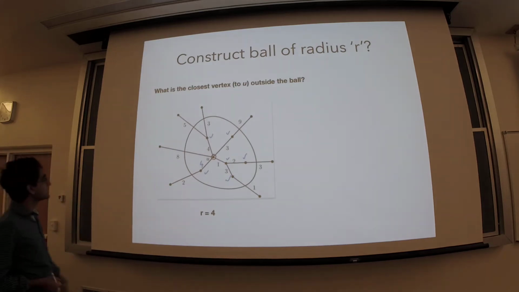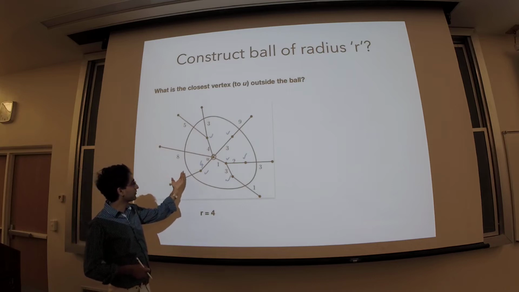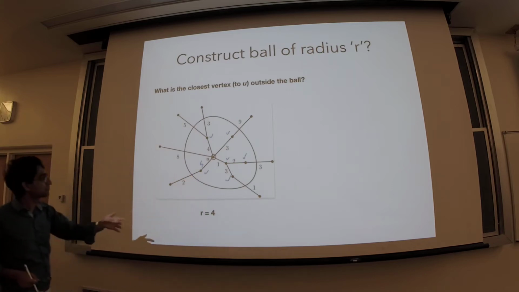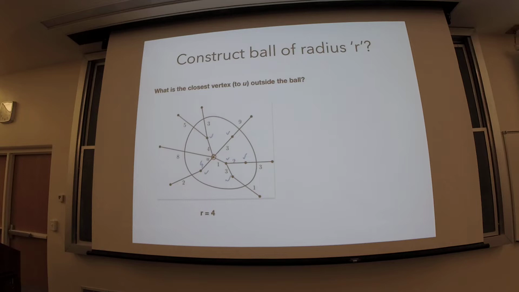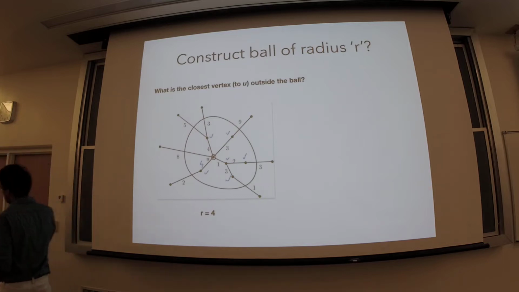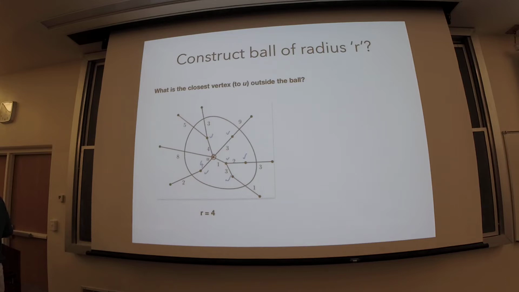Now I want to find the next closest vertex. What is the closest vertex to U outside the ball? This is the ball of radius 4, the one on the left. How do I find the closest vertex to U outside the ball?